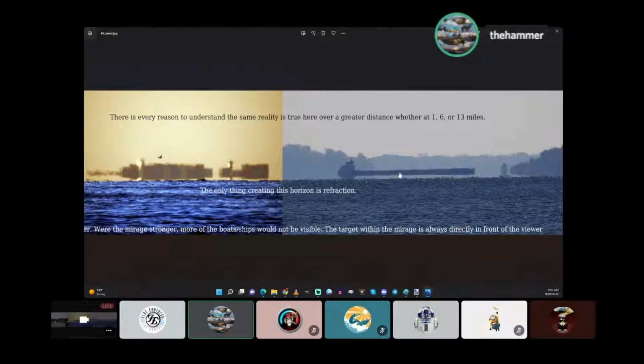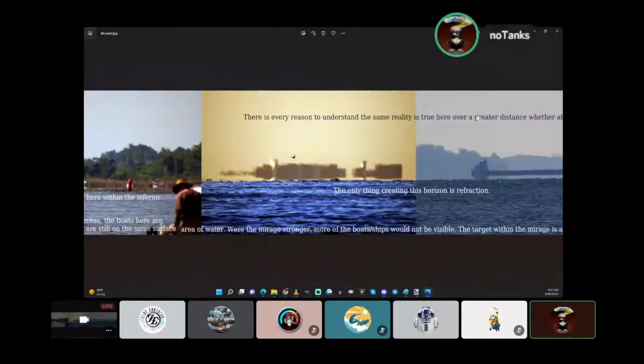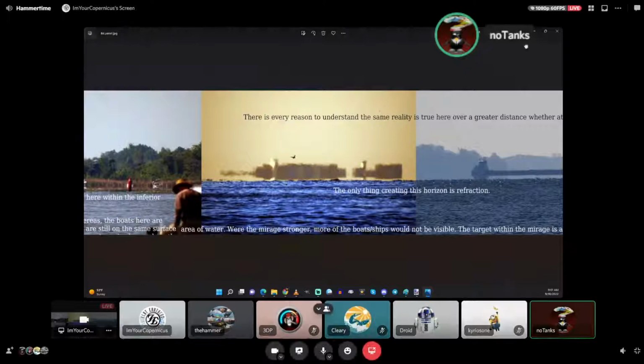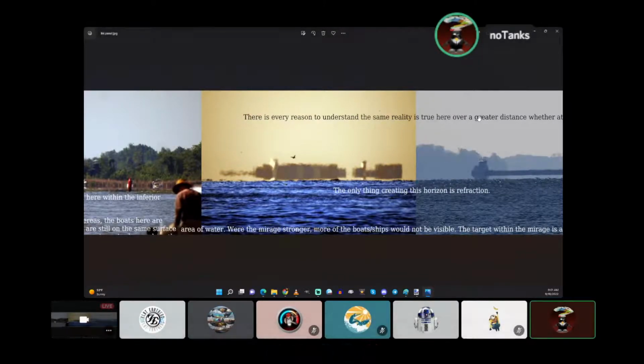I kind of cut you off. Did you have something you wanted to add? I was kind of looking for maybe a little clarification. Is the claim that the mirage is always below the physical image, and is it a claim that it is reflecting off of air or reflecting off the actual water?